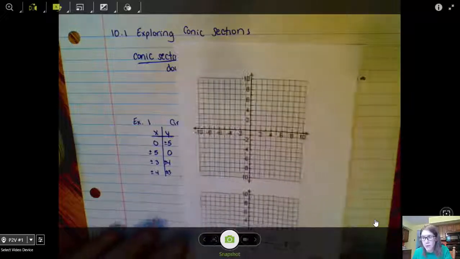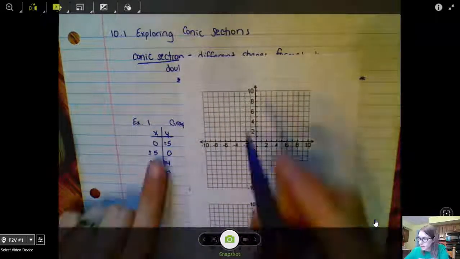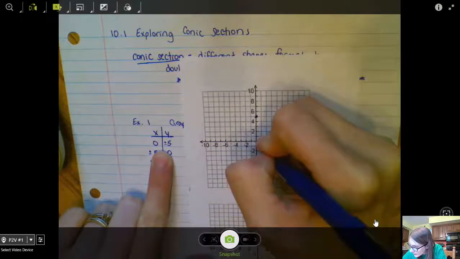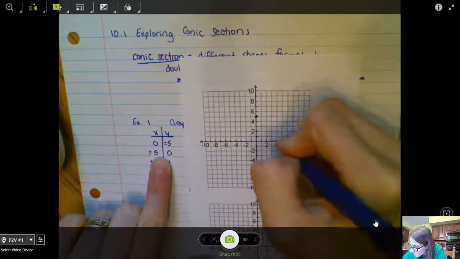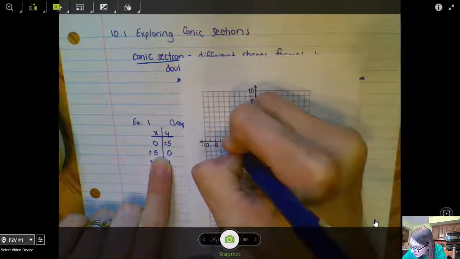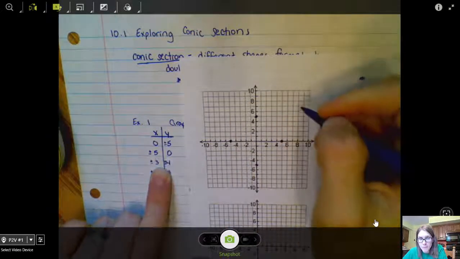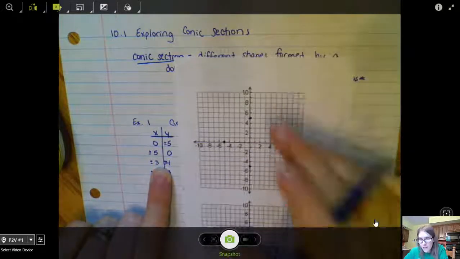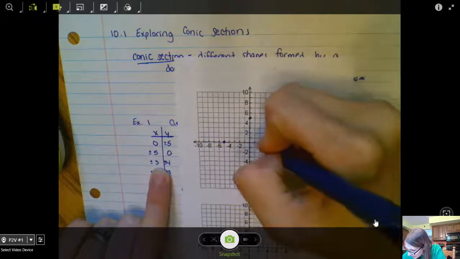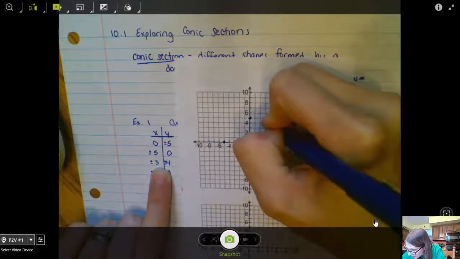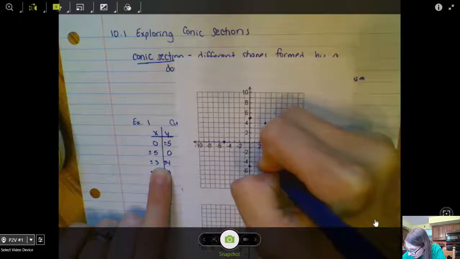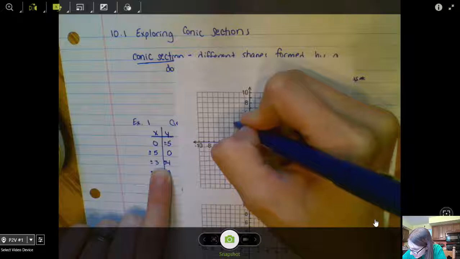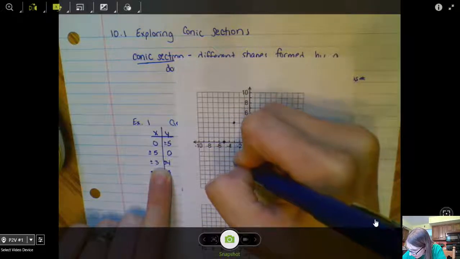Let's use those to graph. So I have the point 0, 5 and 0, negative 5. 5, 0, and negative 5, 0. Now this plus or minus 3, plus or minus 4, there's a lot of stuff going on. I could have positive 3 and positive 4, positive 3 and negative 4, or negative 3, positive 4, negative 3, negative 4.